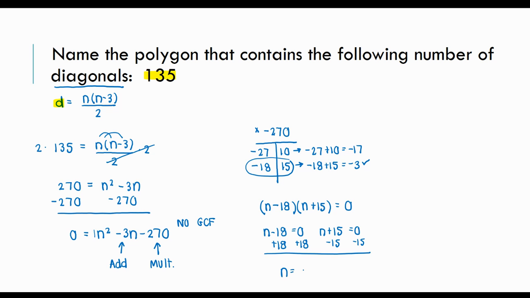So we have two different values for n, positive 18 and negative 15. Because n's representing the number of sides, there's no such thing as a negative number of sides, which means 18 is that number. To name the polygon, it would become an 18-gon.